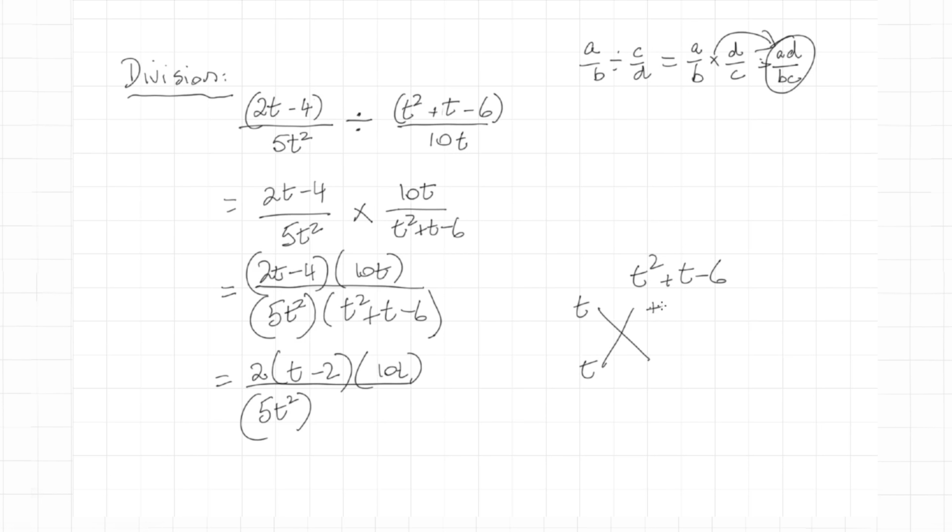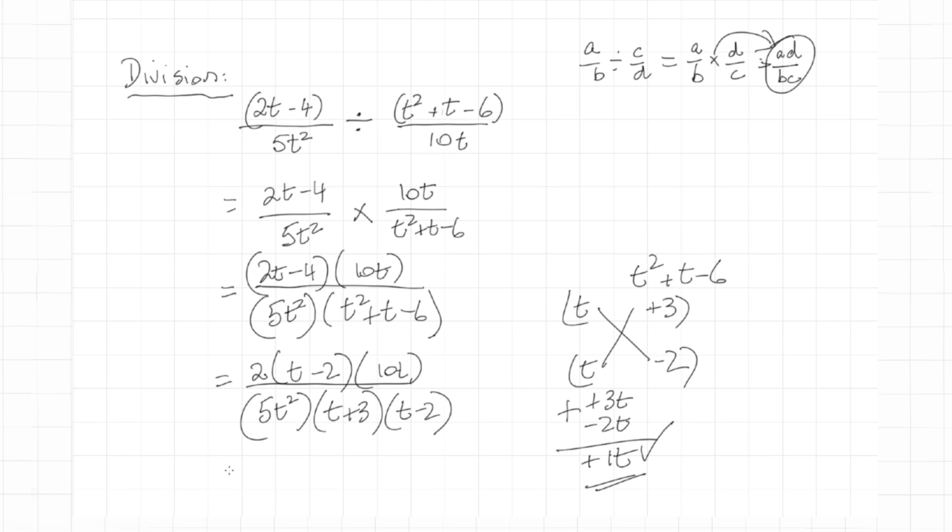So we'll try +3 and -2. Multiply along, we get +3t. Multiply along there, we get -2t. We add those two together and we get +1t, which is just +t, which is just that there. So that is correct. So my factors are t plus 3 and t minus 2. Now we can see what will cancel down.